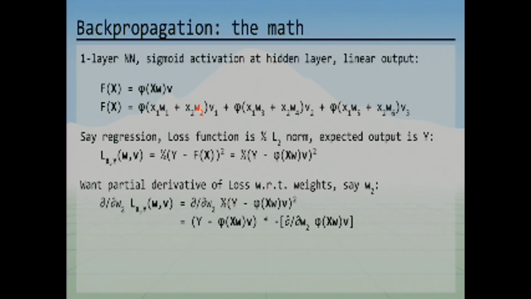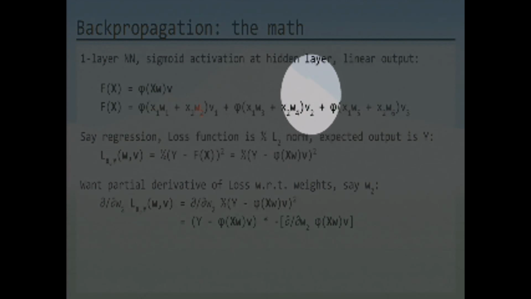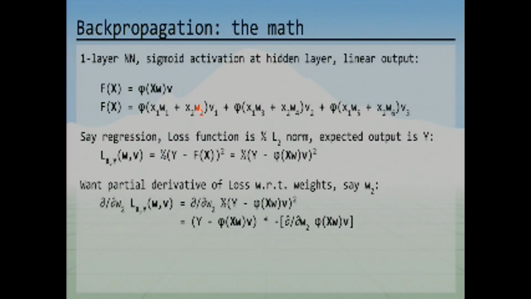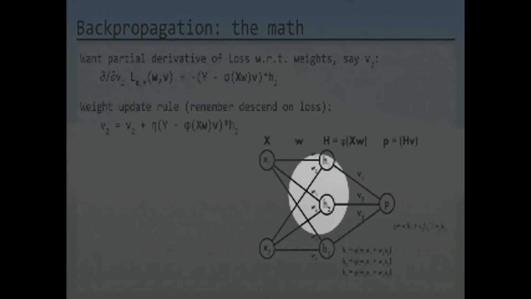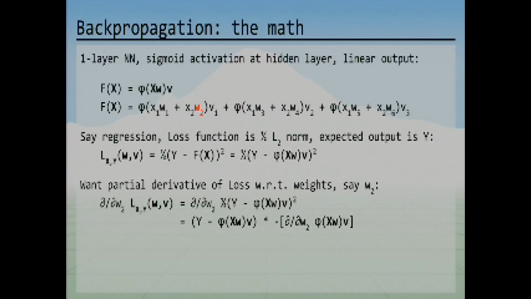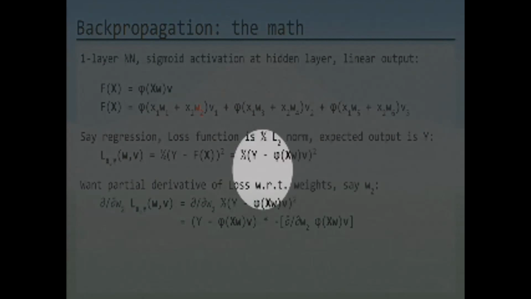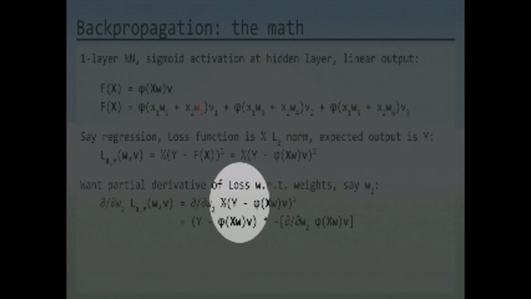Now imagine that instead of this weight v2, we want to think about the partial derivative further back in the chain. Maybe the partial derivative for w2, which is the weight right here that connects x2 to h1. We're going to go through the same process, taking the partial derivative of our loss function with respect to w2.